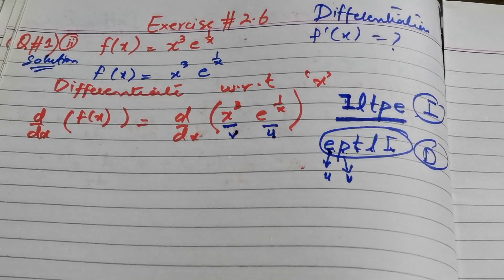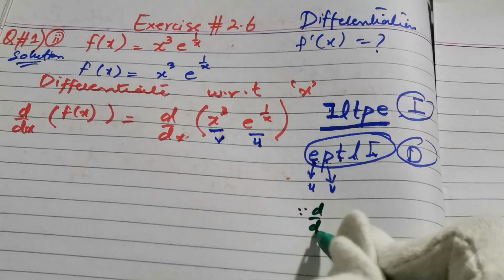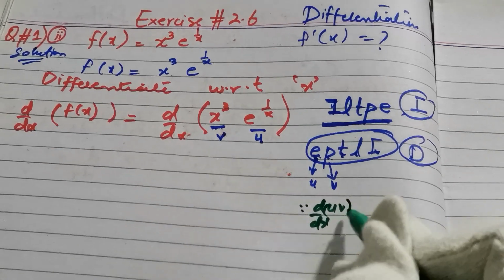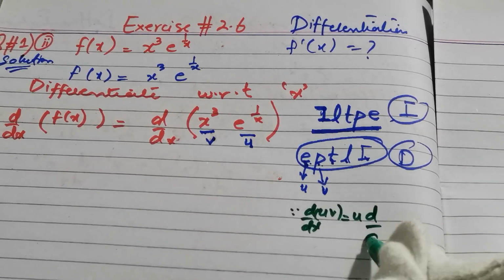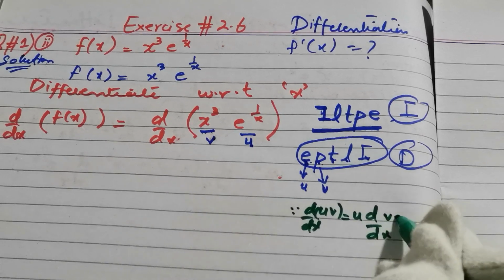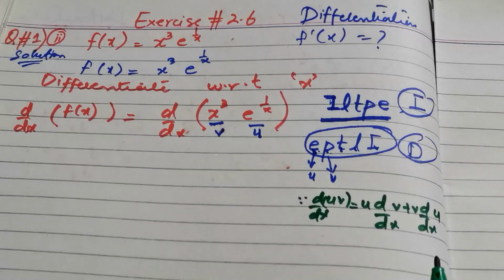Now we apply the product rule. What does the product rule say? Derivative of u into v is u derivative of v plus v derivative of u.